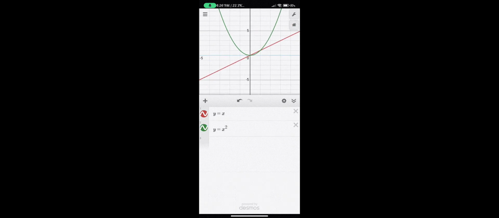Y is equal to x square is a parabola. In this kind of software, if you take mod also, it will not change much. If I don't want this negative axis and I want the positive axis, there is a trick.